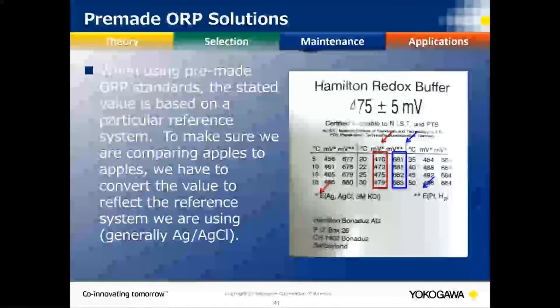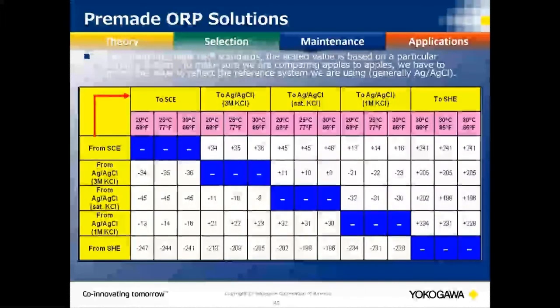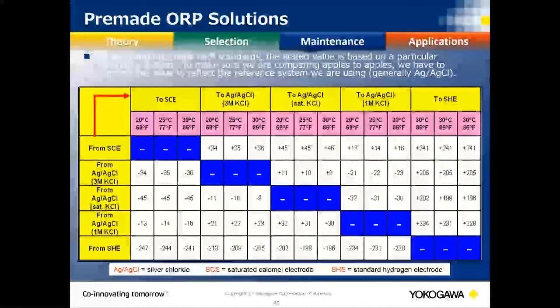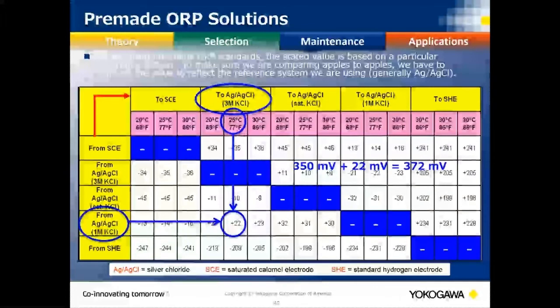So what have been developed over time are charts that the different manufacturers over the years have put together that say, okay, if I have an ORP solution that was made from a 1 molar KCl solution, and my electrode that I am using actually has a 3 molar KCl solution, that internal fill solution of that ORP electrode, I'm not going to read 350 millivolts like this bottle says I should read.